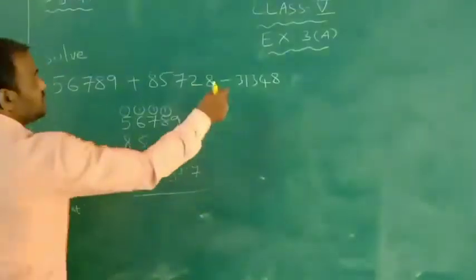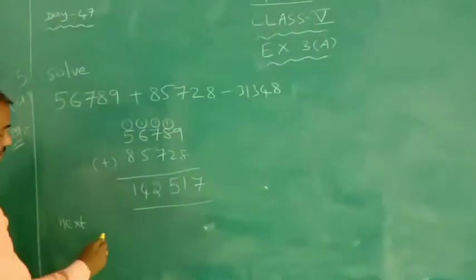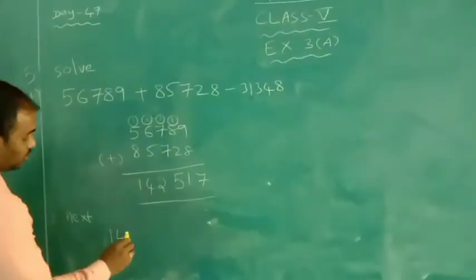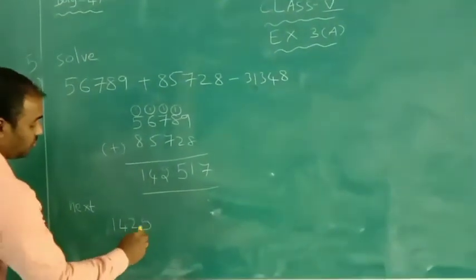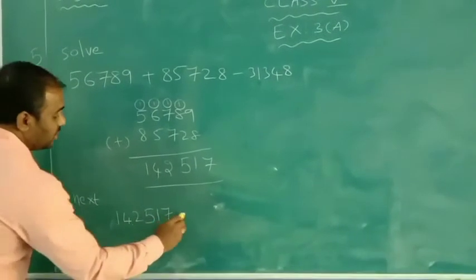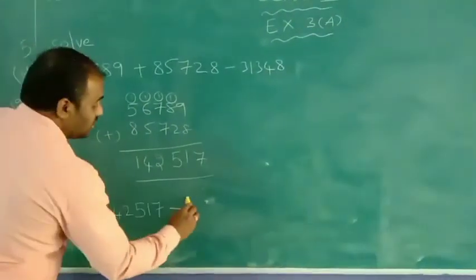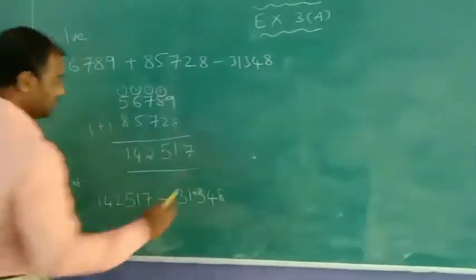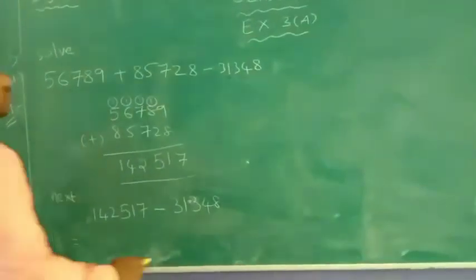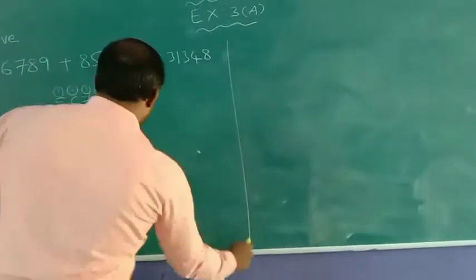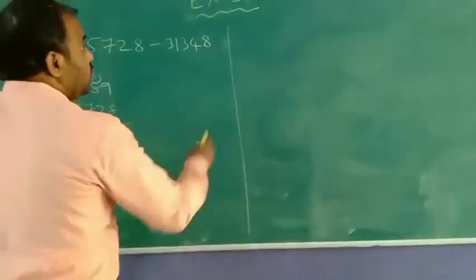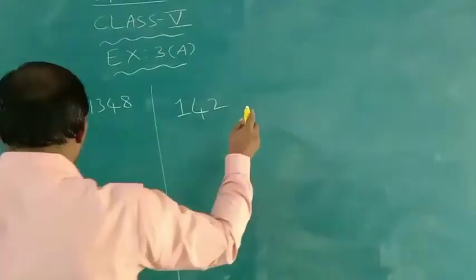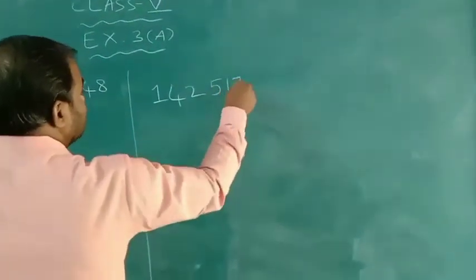you subtract this number from this number. See here, 1,42,517 minus 31,348. Okay, madam? Now do subtraction carefully. 1,42,517.